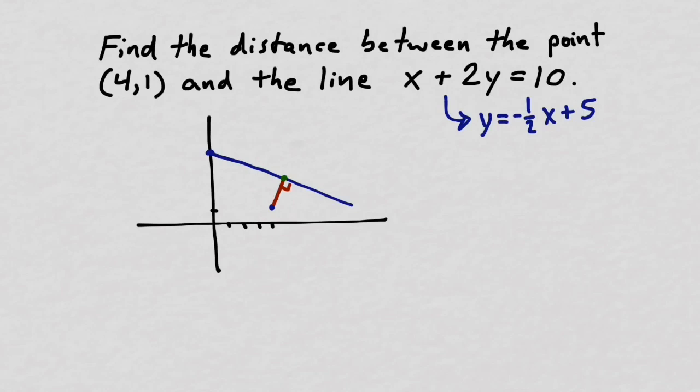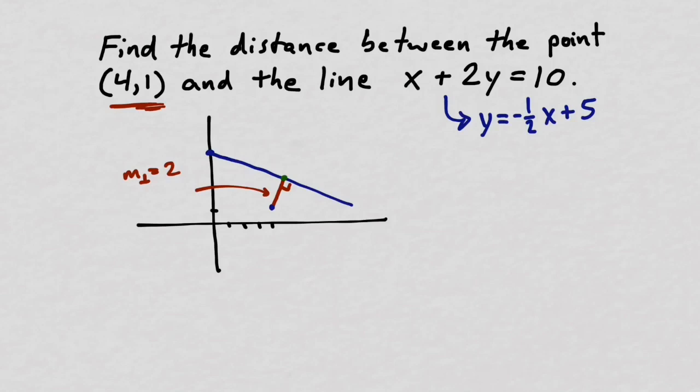What I want to do first is figure out where that intersection point is. But to do that, we need to have an equation for the perpendicular line. Well, I know the slope is going to be +2 because perpendicular lines have opposite reciprocal slopes. And I know a point on the line is (4, 1).